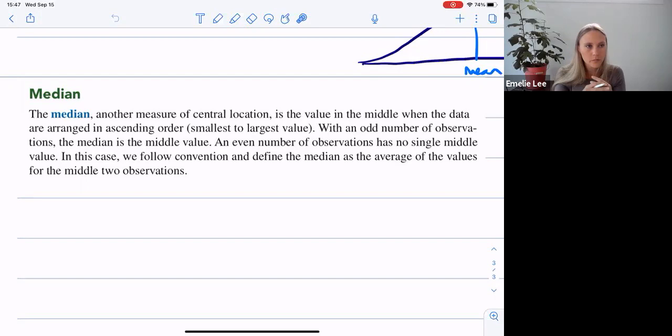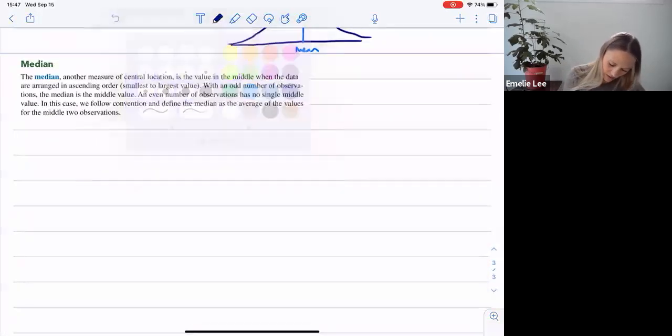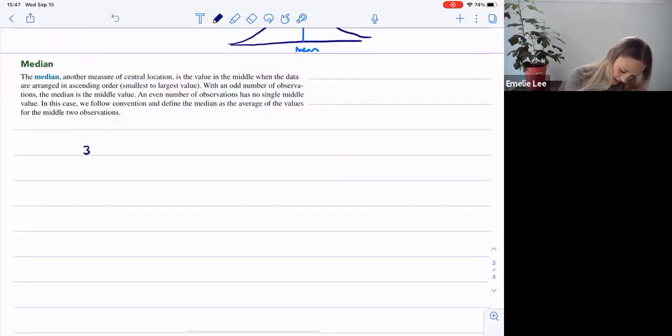Okay? And so there's kind of a glitch, right? With an odd number of observations, the median is the middle value, right? So if we pretend that we have some values here, let's say I'll sort them as I make them up.